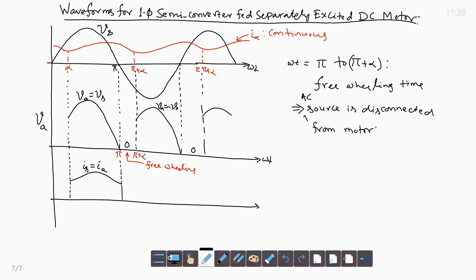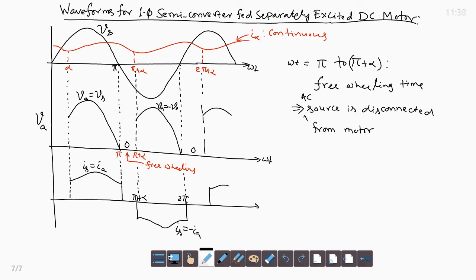Only the motor current freewheels through the output diode. So, there is no source current, and again from pi plus alpha to 2 pi, source current is minus of I A.